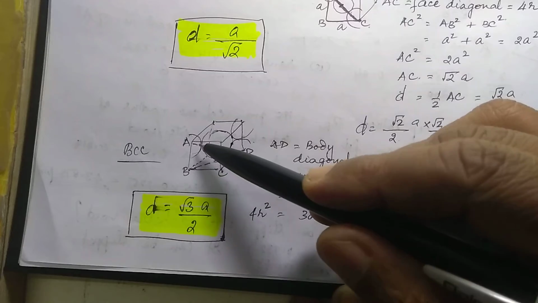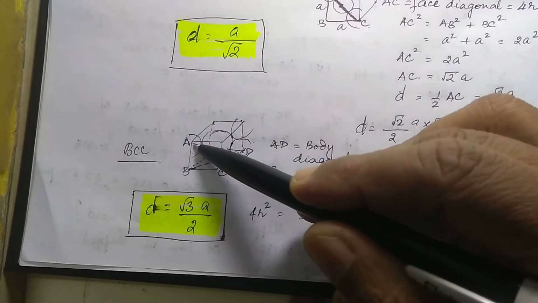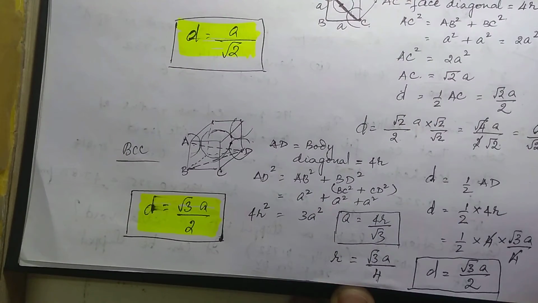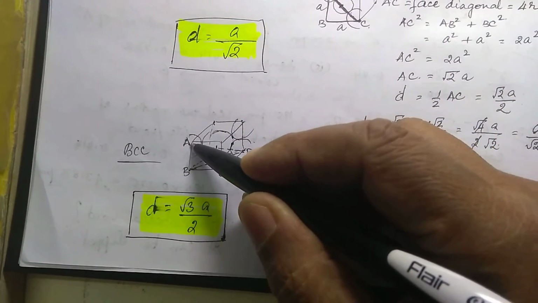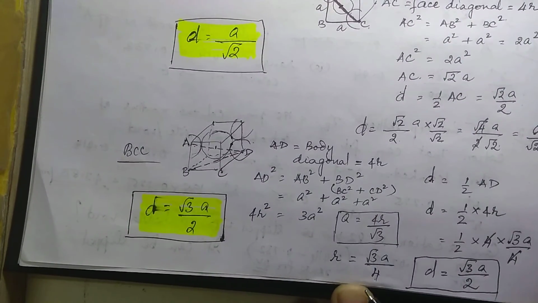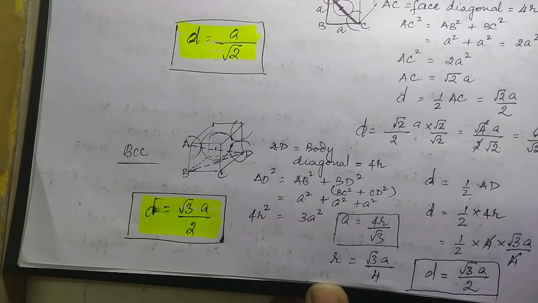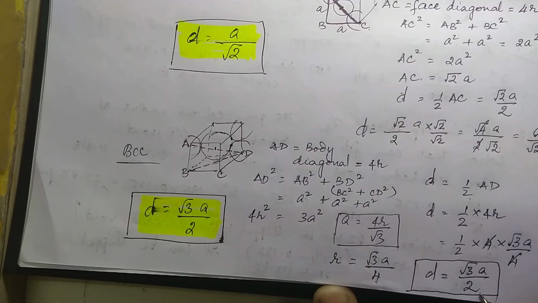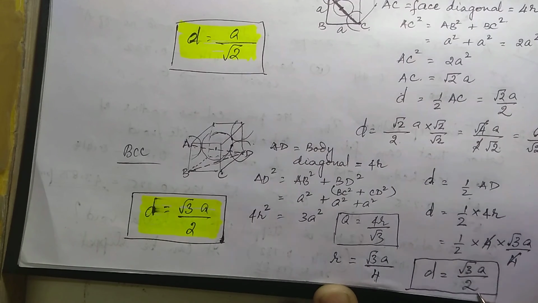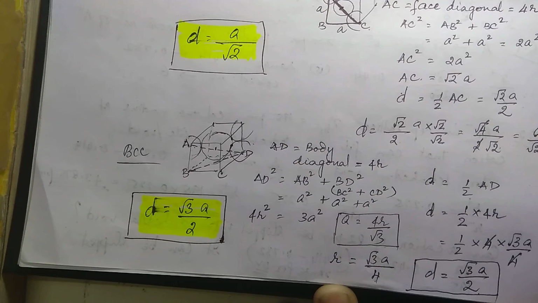So here what you find, this corner to this corner, it is again 4R. Now nearest neighbor distance is what? 2R, right? Here you are having R is equal to √3A by 4. So what will D be equal to? D is equal to √3A by 2, because it's half of that, right? That's it.